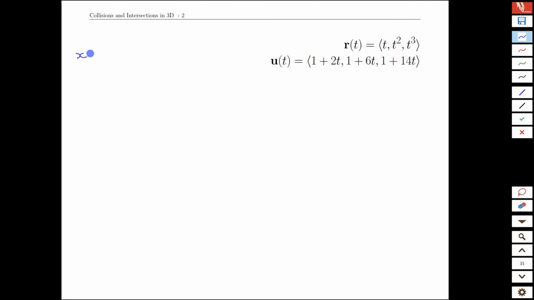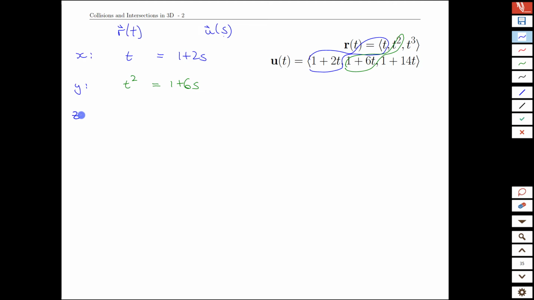To start, we're going to look at the x-coordinates, and again, r of t on the left-hand side each time and u of s on the right-hand side. For the x-coordinate, we'll have t equals 1 plus 2s. And then repeat: we're going to have the y-coordinates equal to each other, t squared for the r path, 1 plus 6s for the u path.